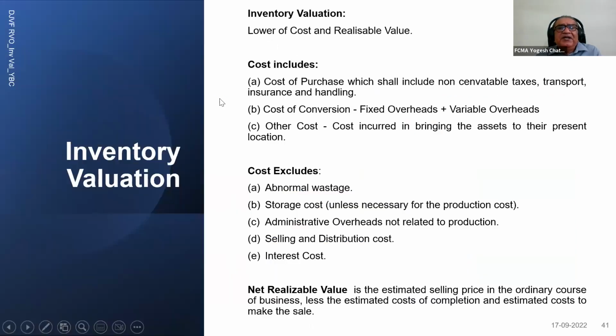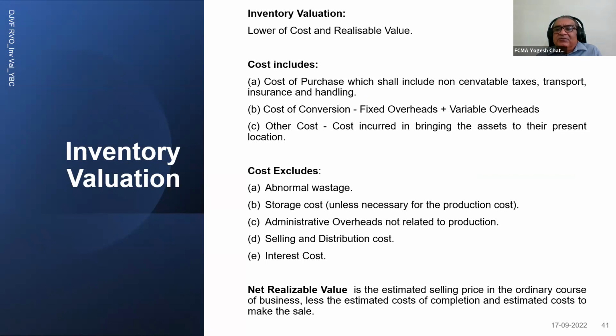Now for this inventory valuation, cost will include the cost of purchase, which shall include non-creditable tax. That means the tax on which input tax credit is not given. Earlier, this was in the excise regime, as we are aware.